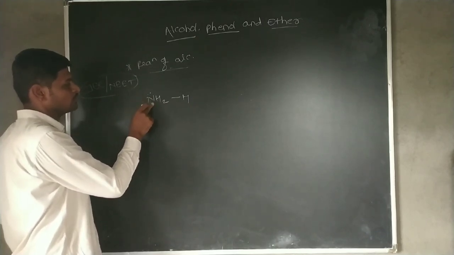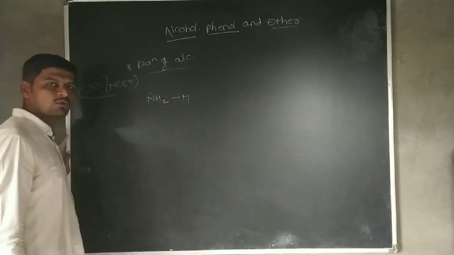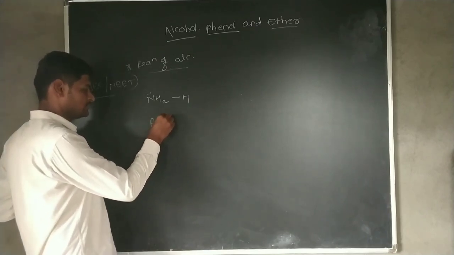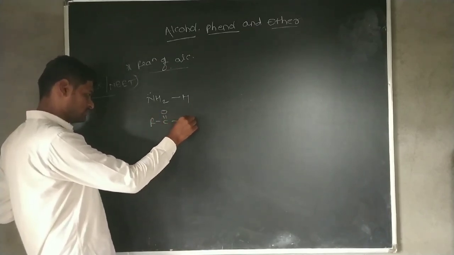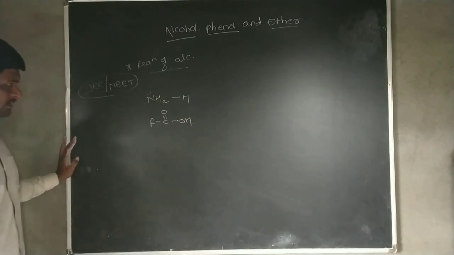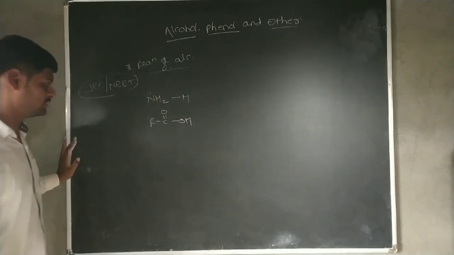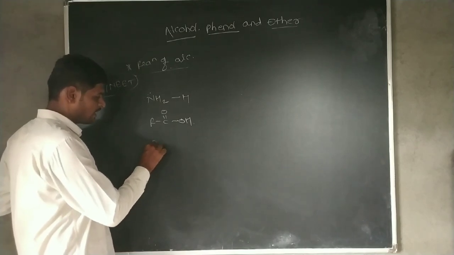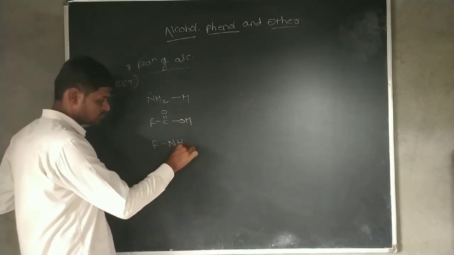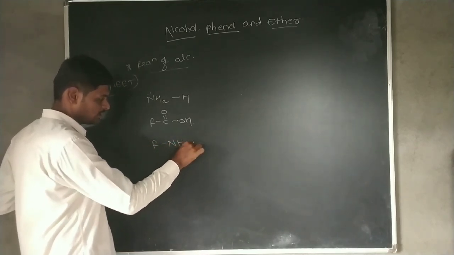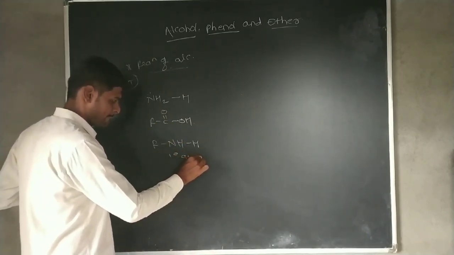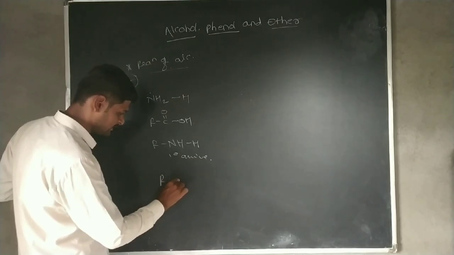Due to this lone pair, nitrogen abstracts the electron from the hydrogen towards itself. After that, there is a carboxylic acid, any carboxylic acid can be used here. After that, there is an amine, RNH2. This is an amine. This one is a primary amine. This one is a secondary amine.